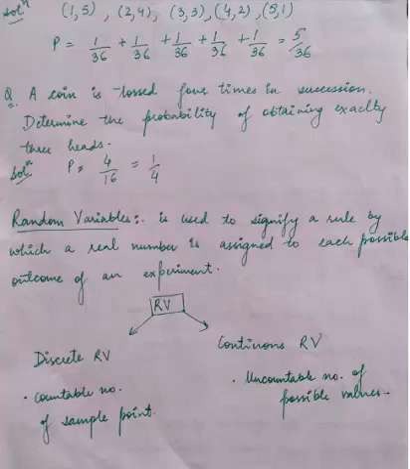So now the comparison between these 2 variables, the discrete random variable and the continuous random variable. The first comparison: a discrete variable can take only certain values, but a continuous random variable can take any value within a particular limit.